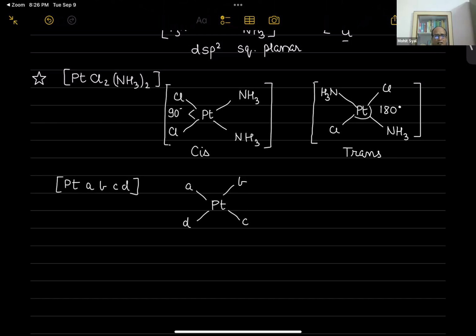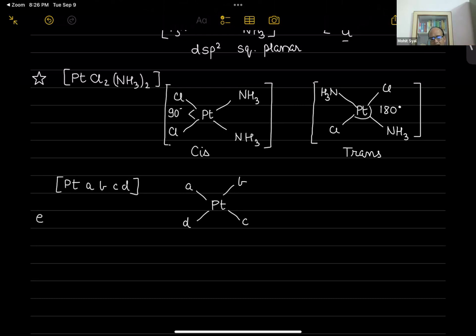How many different arrangements can we have? First, you can choose any two ligands. I hope it is clear which type of complex I'm trying to show: a square planar complex with all four ligands different.